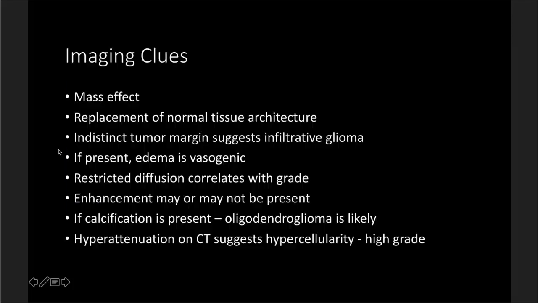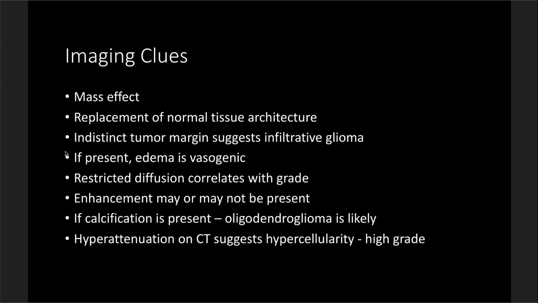Some imaging clues that you can look for that I had listed earlier, but here they are again, are mass effect, replacement of normal tissue architecture, indistinct tumor margin. If we see that, it suggests an infiltrative glioma. If we see edema with these tumors, the edema is going to be vasogenic edema and not cytotoxic edema.